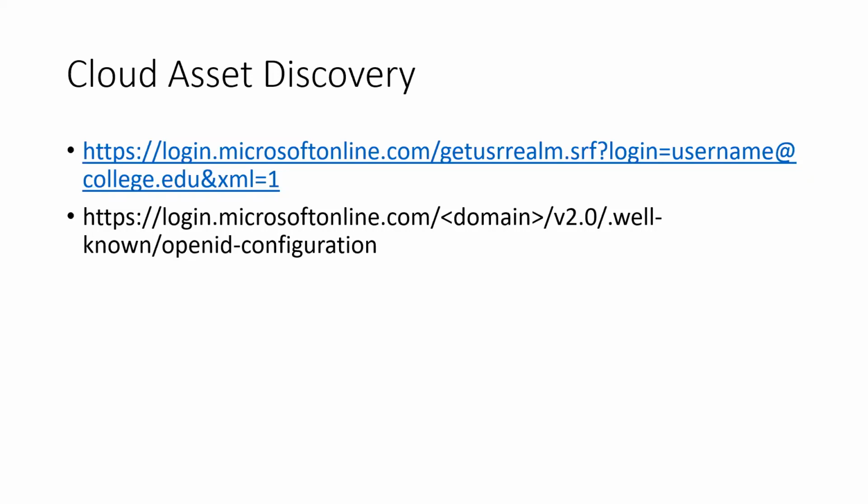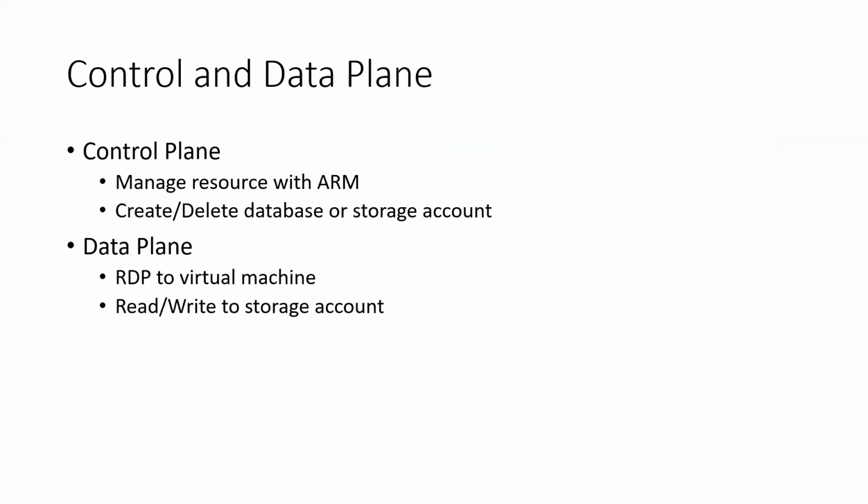There are scripts available that they can run, and they can tell whether the user exists or not. So at any time, most of your users can be enumerated fairly easily. Just something to be aware of. These URLs are completely exposed, and people are probably trying to enumerate stuff all the time. So that's why it's important to have a good identity management policy, and we'll get into that.